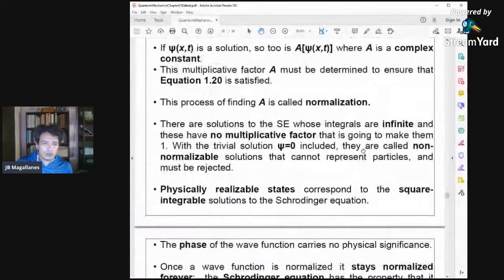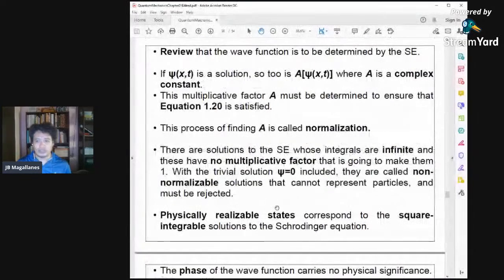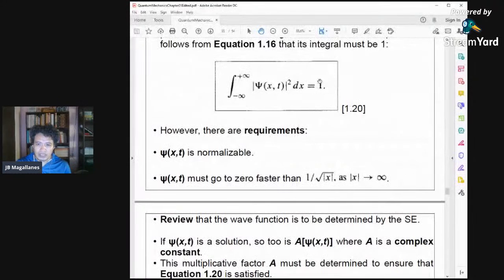But there are also solutions of the Schrodinger equation that are equal to 0. This is a trivial solution, and of course it is always a solution to the Schrodinger equation. And there are also solutions whose integrals are infinite, not 1. So in this case, it's infinite, not equal to 1, or equal to 0 if psi is equal to 0.